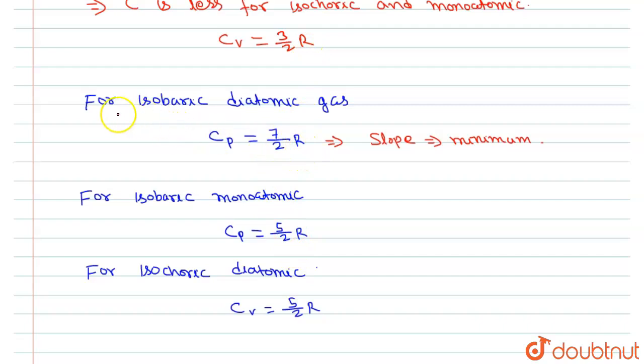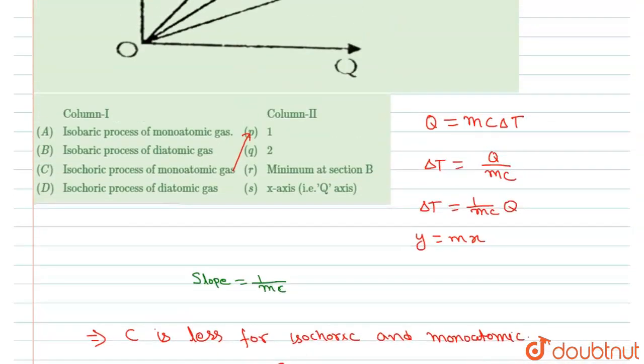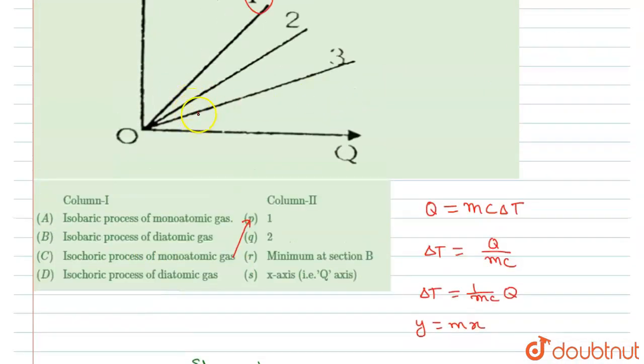So first, for isobaric diatomic, the slope is minimum, so this is represented by 3 in the graph.